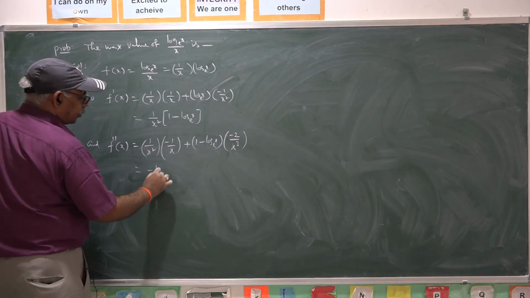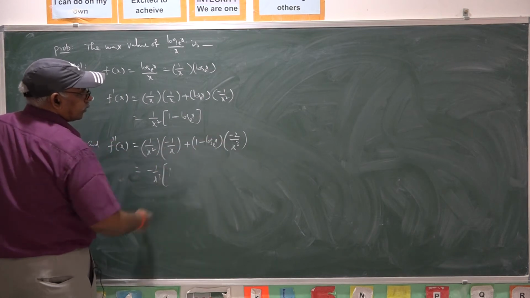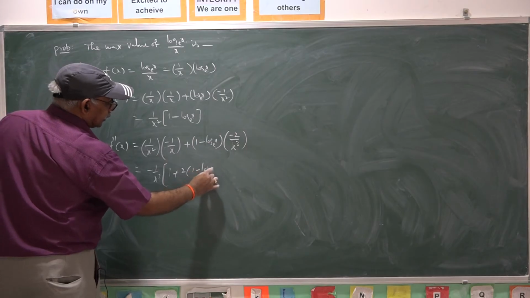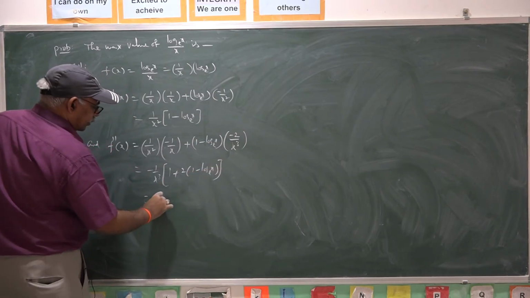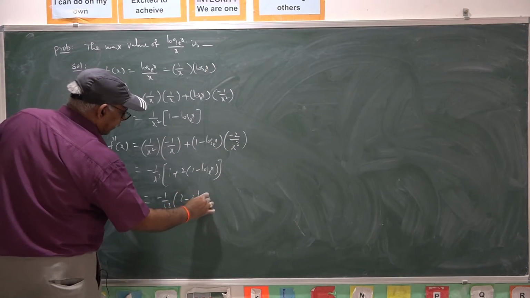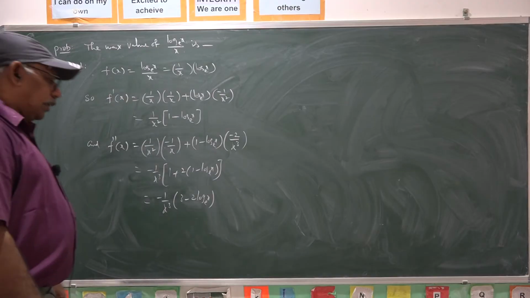Taking minus 1 by x cubed common, here we get 1, and taking minus 1 by x cubed, we get 2 into (1 minus log x to the base e). So that is minus 1 by x cubed into (3 minus 2 log x). This is our second derivative.